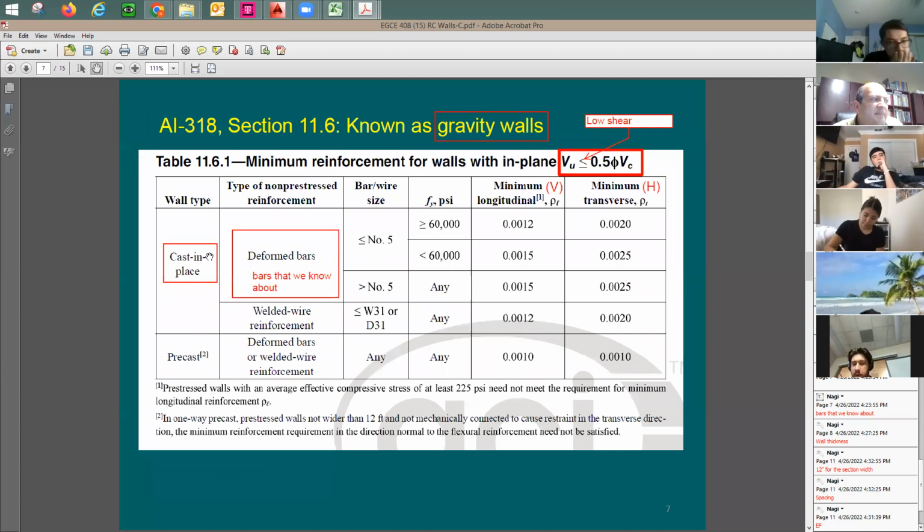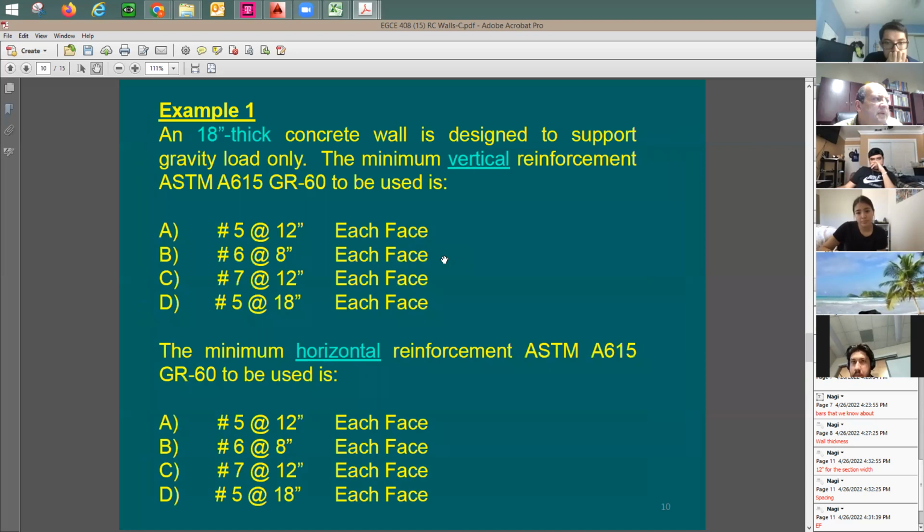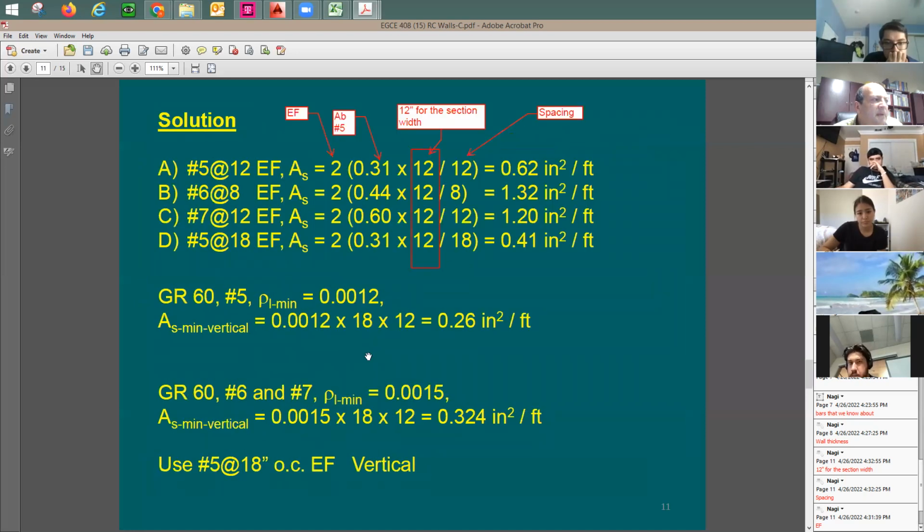Deformed bars cast in place, number 5 and less, 60 ksi, 0.0012. Yeah, that was the correct choice. Horizontal 0.002. Let me work with this. Let me find out how much reinforcement I need per foot. Where is this foot coming from? It's coming from the 12-inch section.